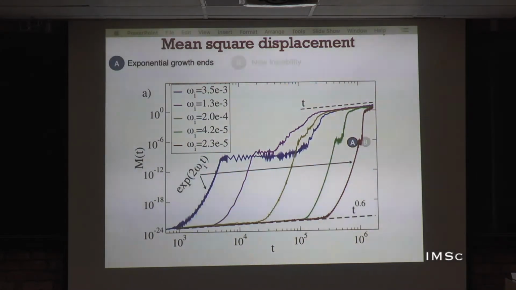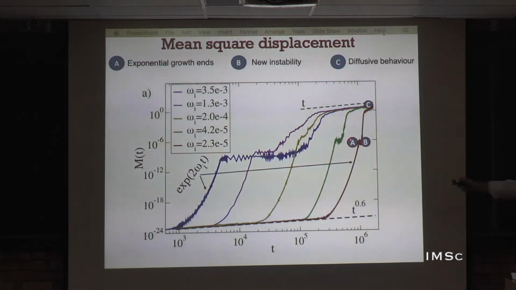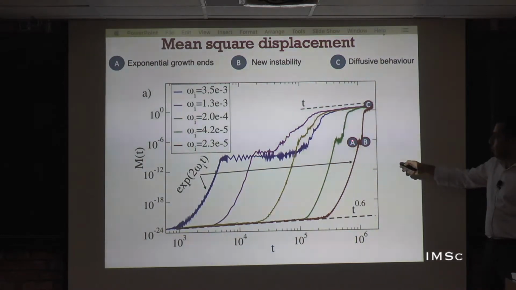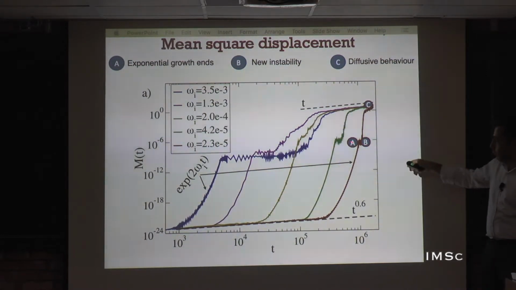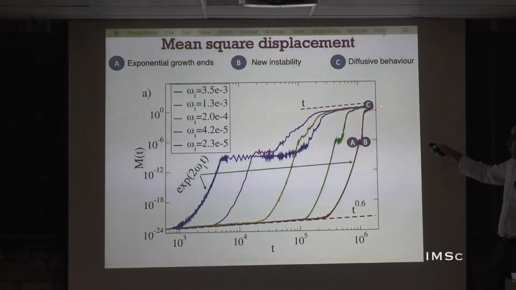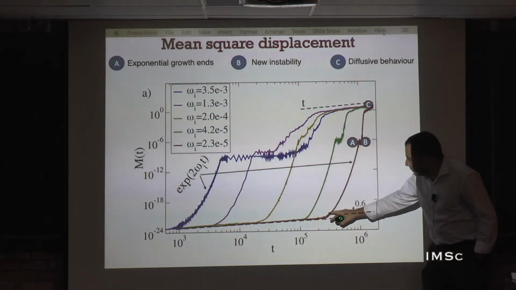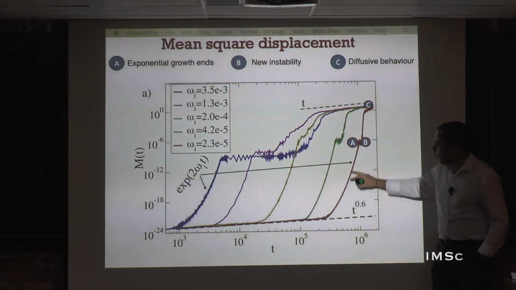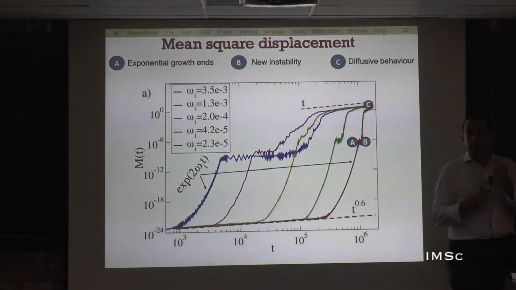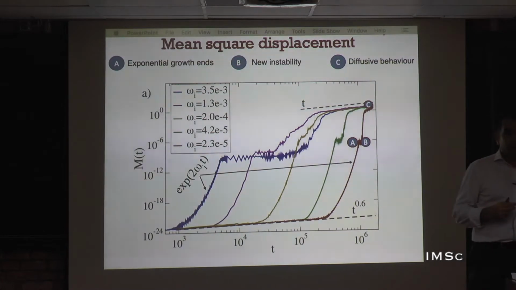So you have three times: the end of the linear response regime, the end of a plateau regime in which the mean square displacement is not really changing much, and then the beginning of a diffusive regime at a later time. So how do we interpret this? First of all, what does it mean that the system is described by the linear response regime? The linear response regime, we get it by looking at the eigenvalues.